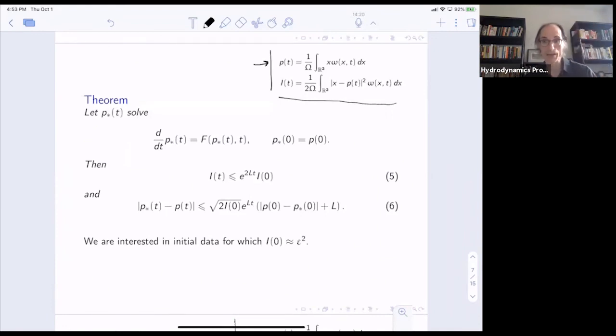I'd like to describe that. What this does is give an estimate in which we compare the center of vorticity at time t, P of t, to this P star, which is found by solving an ODE. The ODE says exactly that the point P star moves with the background flow F, so the velocity of P star is the vector F evaluated at the point P star at time t.